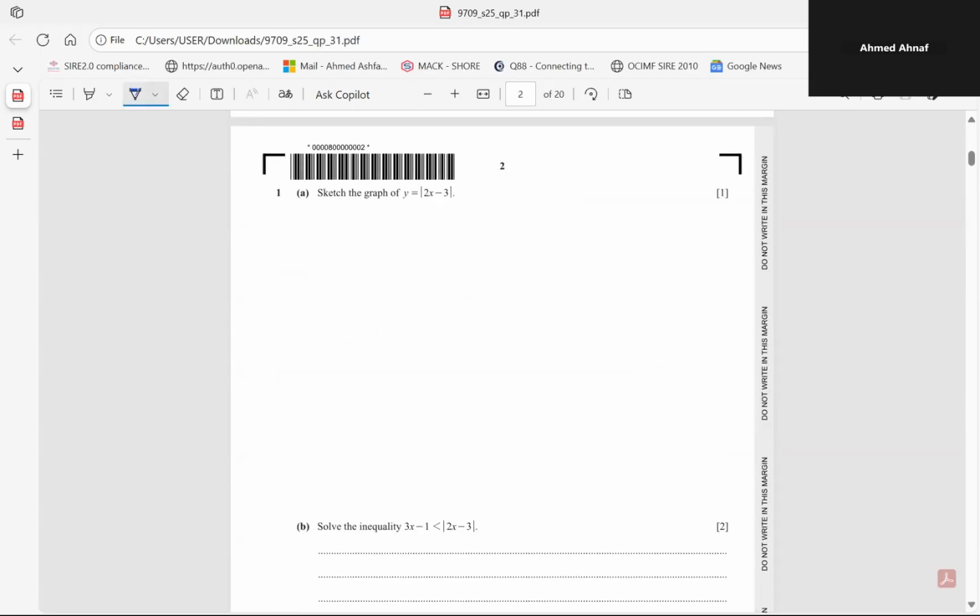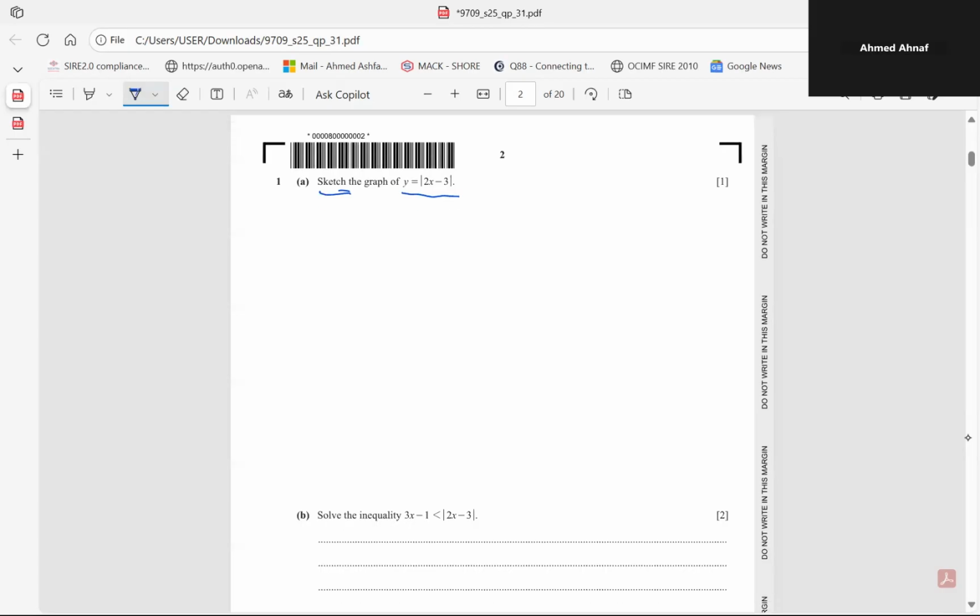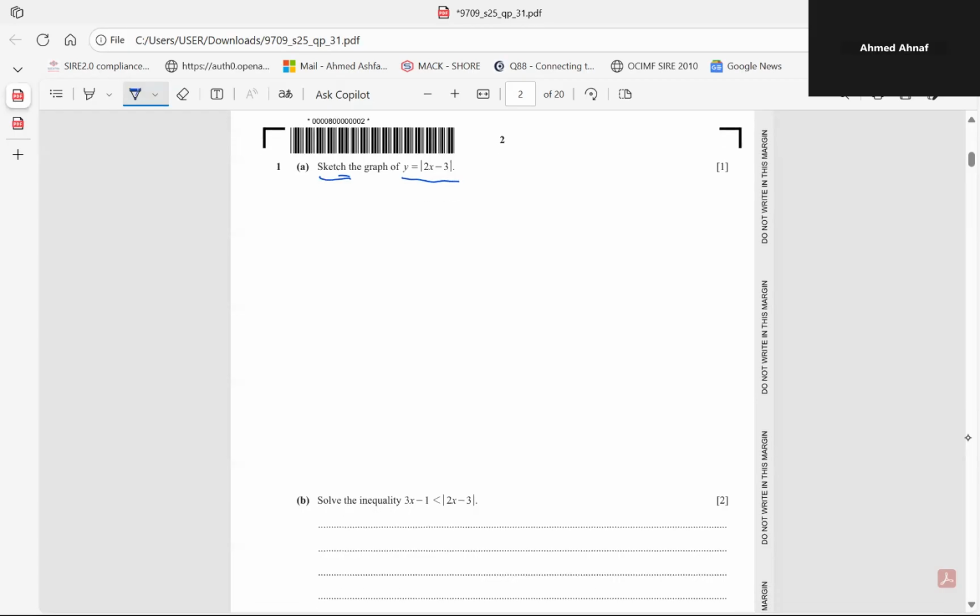Okay, so for the first question, you have to sketch the graph of this modulus function. So let's do that. First of all, let's sketch our x and y axis. This is our y-axis and this is our x-axis.